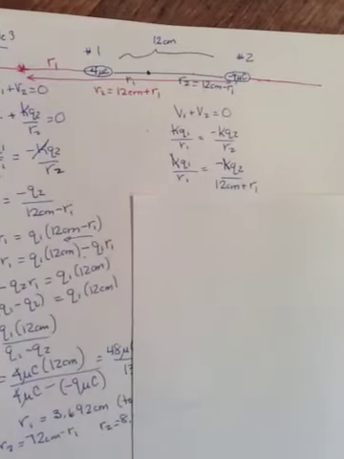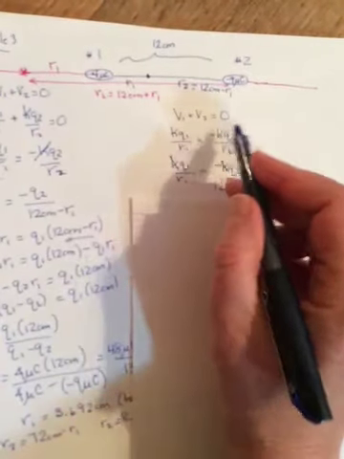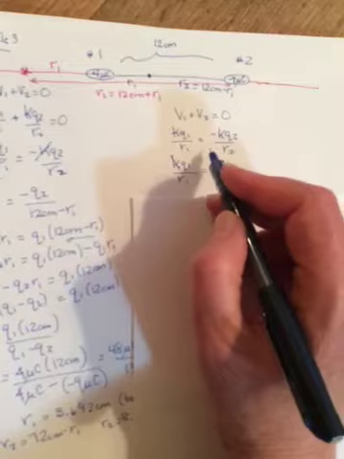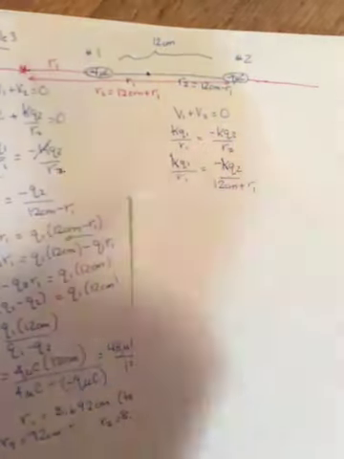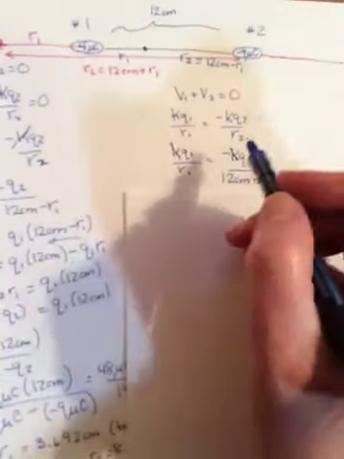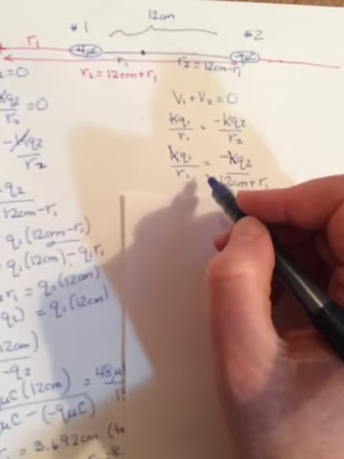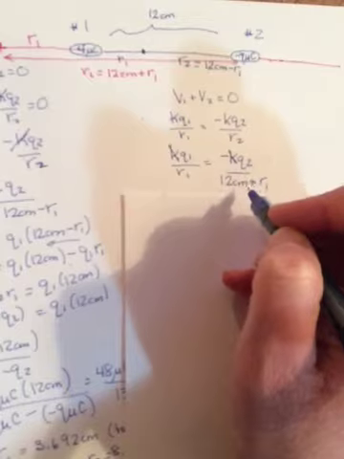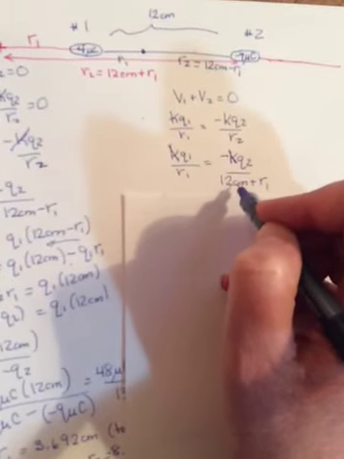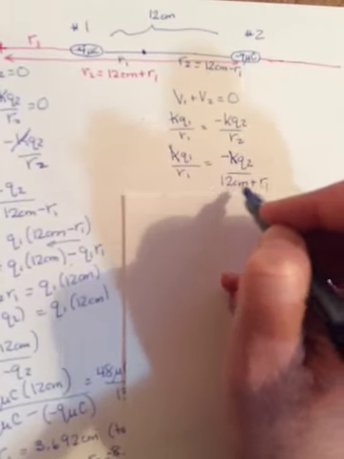So we did have V1 plus V2 equals 0, so kQ1 over R1 will equal negative kQ2 over R2. And so kQ1 over R1 will equal negative kQ2, and I think this is where the video ended, over 12 centimeters plus R1.